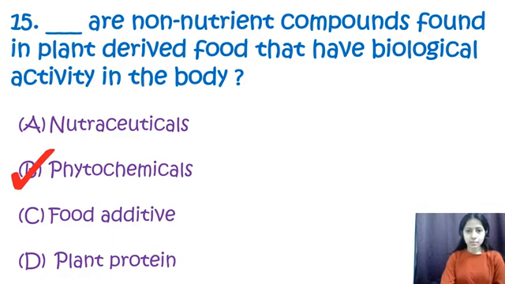These phytochemicals are not considered essential nutrients, but it has been seen that they show a variety of biological activities in the body, which can include antioxidant, anti-inflammatory, or anti-cancer effects.